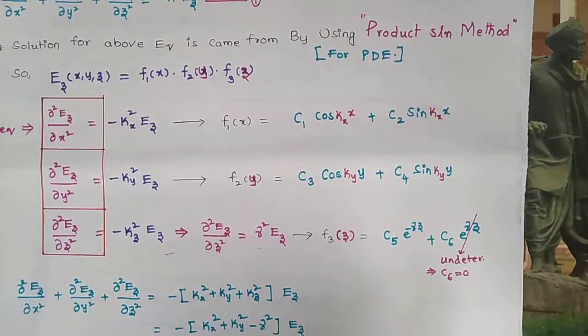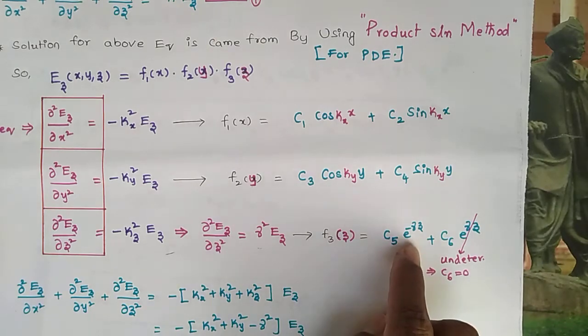Why? Because my wave is propagated along the positive z direction, so I am substituting z equals infinity.